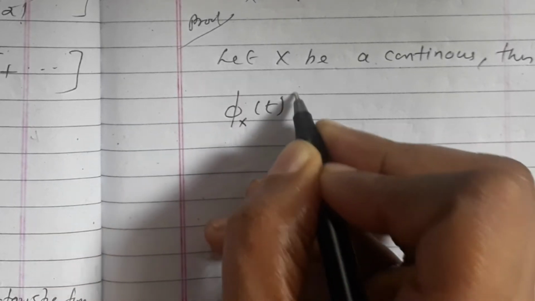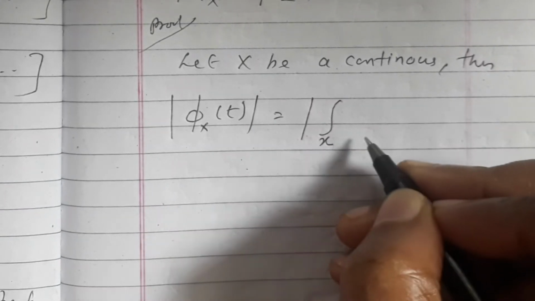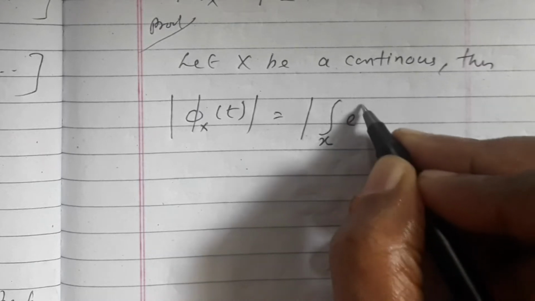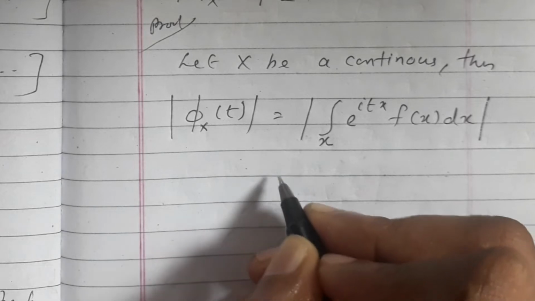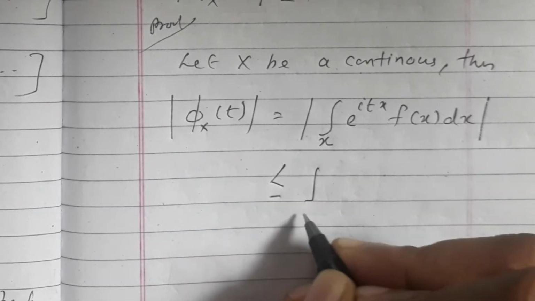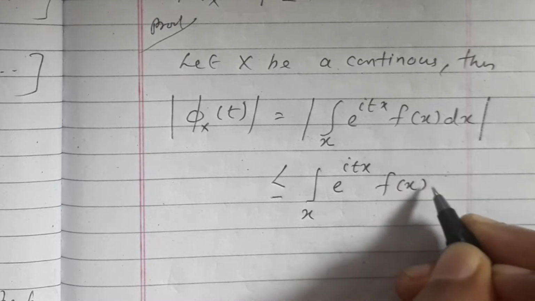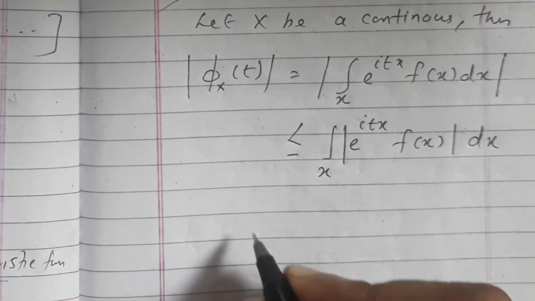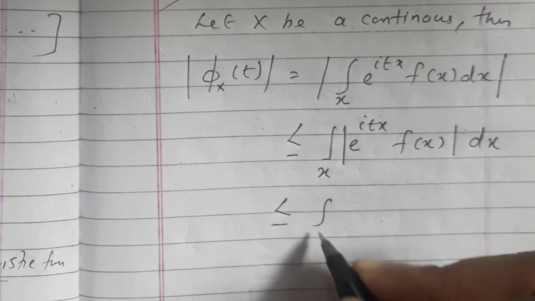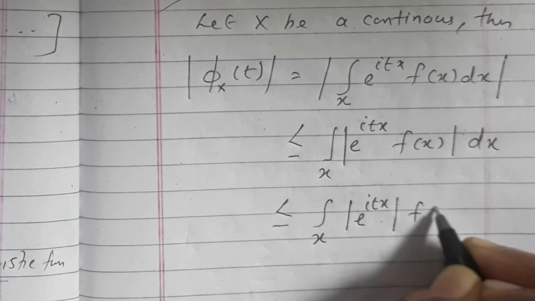Then modulus phi x of t, by definition, is modulus of the integral from minus infinity to infinity of e raised to i t x f of x dx. We know that it is less than or equal to the integral of modulus of e raised to i t x times f of x dx.